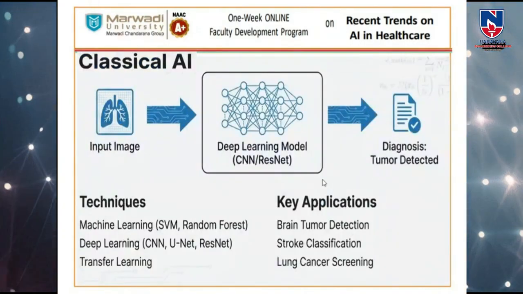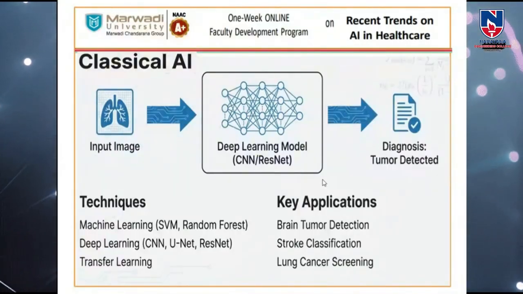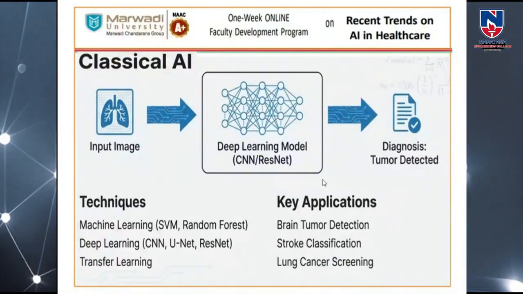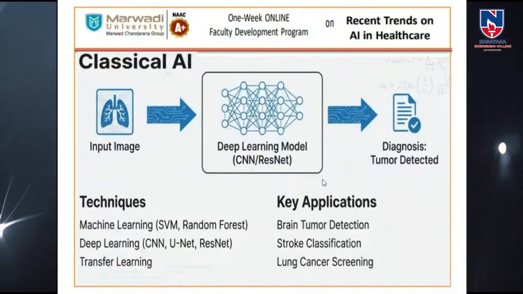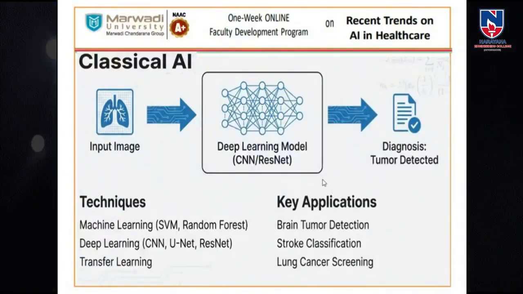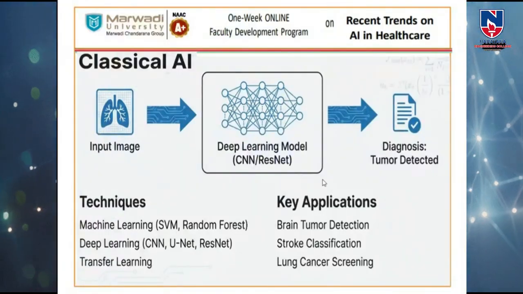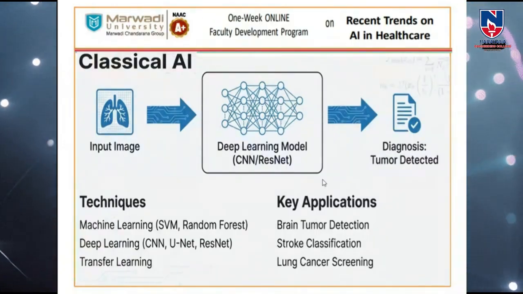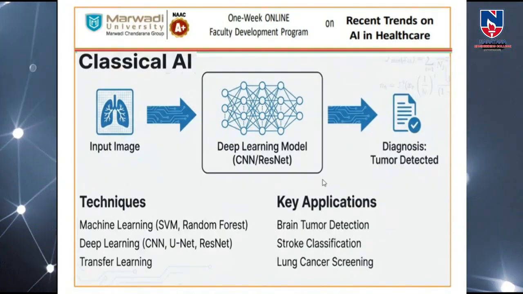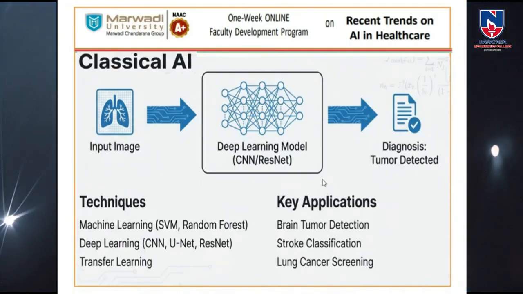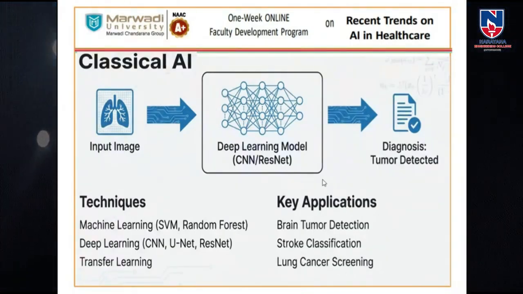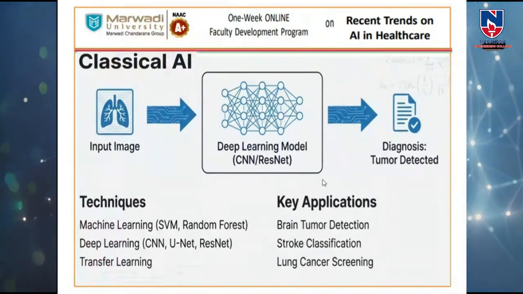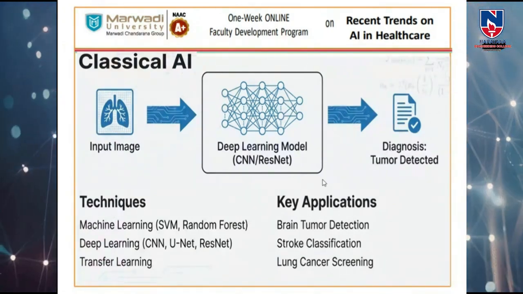Yeah, this is the conventional approach. That means during the processing of images, where we have an input image, by applying ML and DL models we can diagnose this. For example, let us take a tumor detected from the given image.